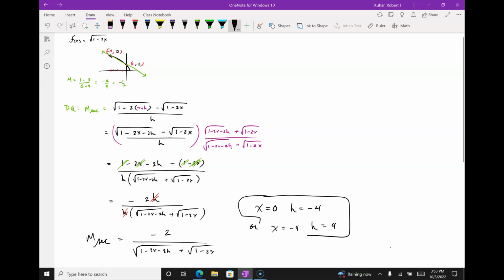If I move right, h is positive. So I can either start on 0 and move left, or I can start on -4 and move right. So from -4 to 0, h is 4, move 4 to the right. So I can use these two to get the slope for these two. And I should get 1/2. Right?